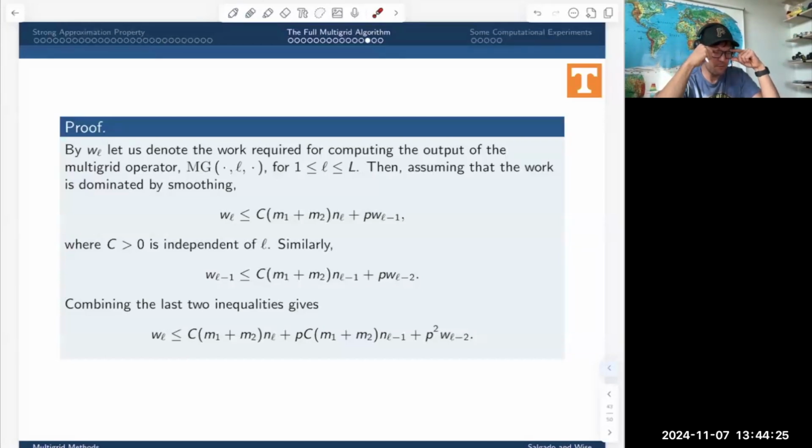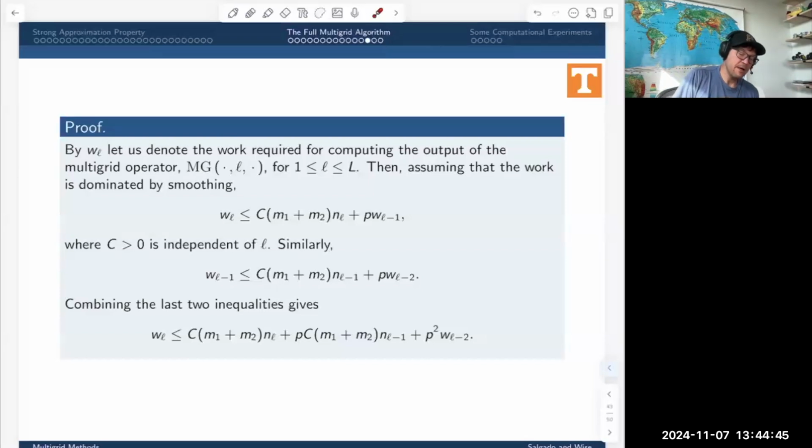We're only going to count the smoothing and then the cost to apply the coarse grid correction. We're going to count that as a whole. So this does neglect those costs of restriction and prolongation, but those costs are very minimal compared to the cost of smoothing. So it makes sense that they can be dropped.